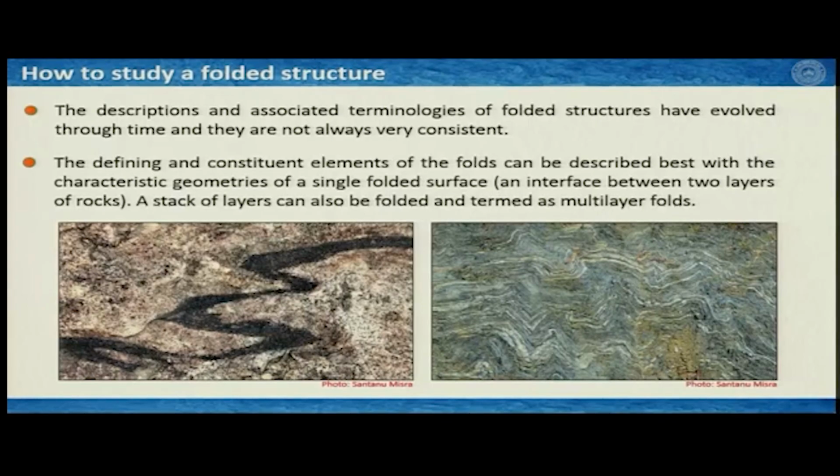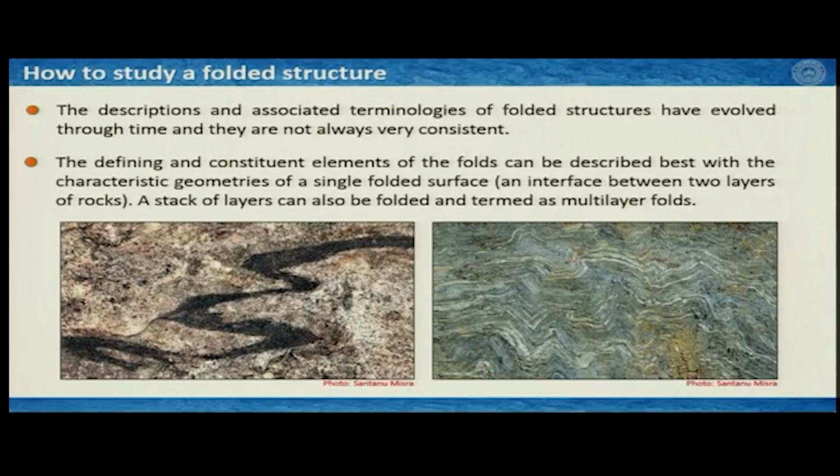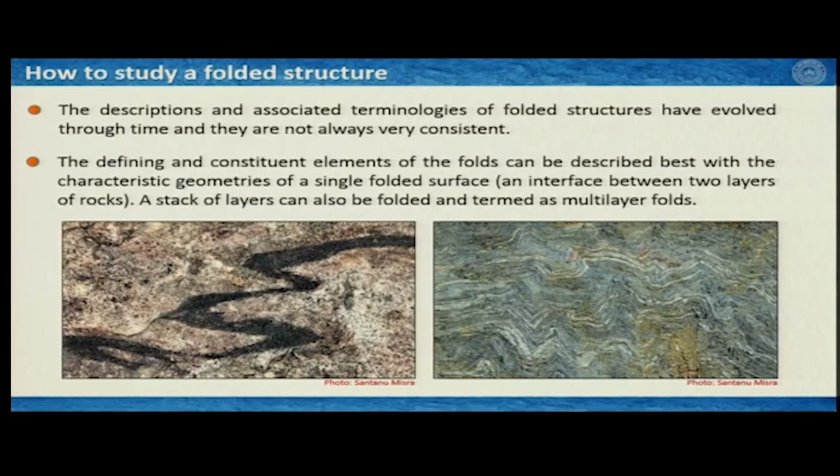To define a folded structure, you can think of it in two different ways. The first is to consider a single layer or an interface between two layers, and then we call it a single folded surface. If you have two layers, you can think of their interface and how it defines the fold, or you can consider a very thin layer of rock and how it defines the fold.